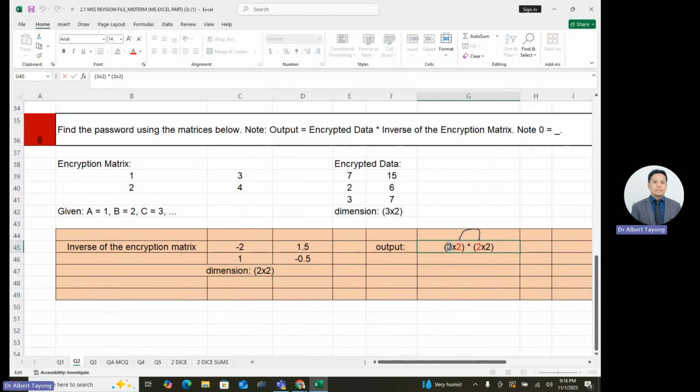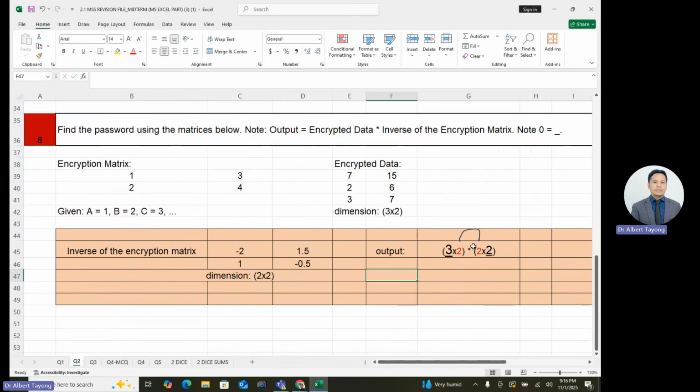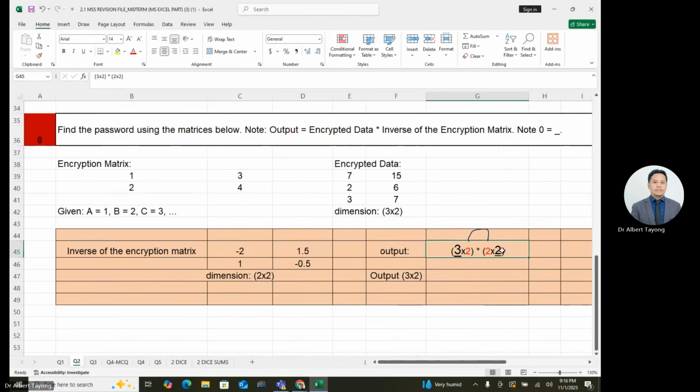Then now we take the first and the last. First is 3 and the last is 2. So our output should be 3 by 2. That's the first and the last numbers. Okay, so it means we need to select 3 rows and 2 columns.